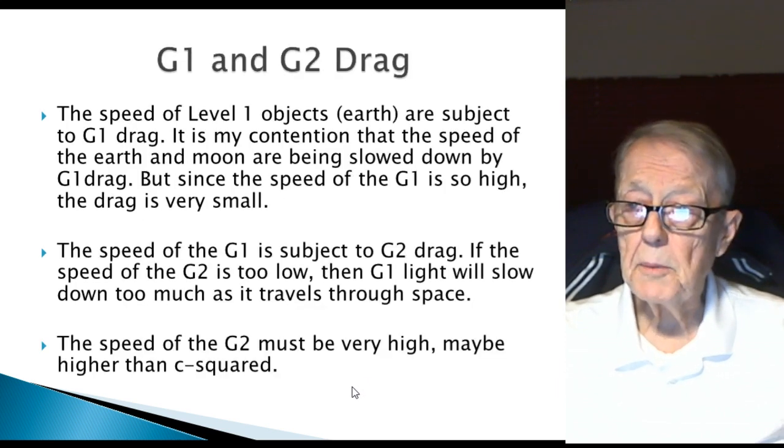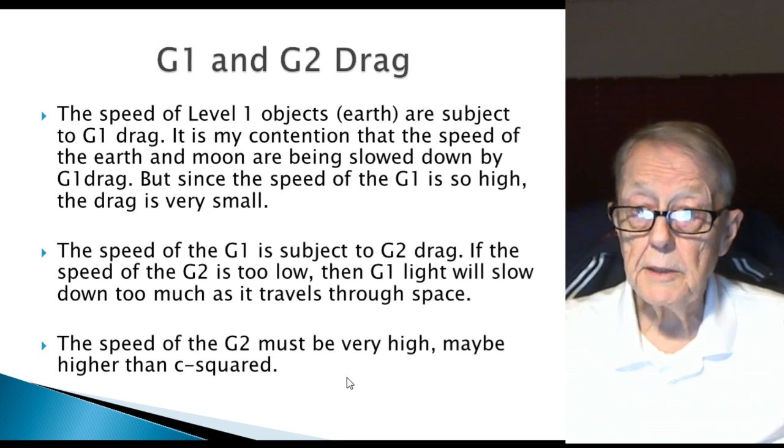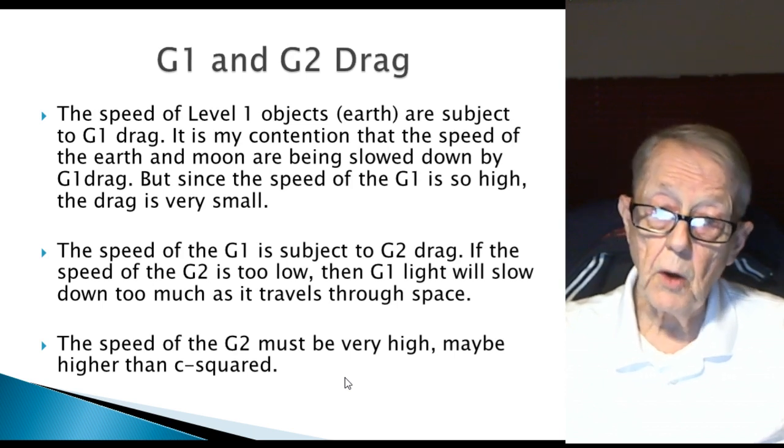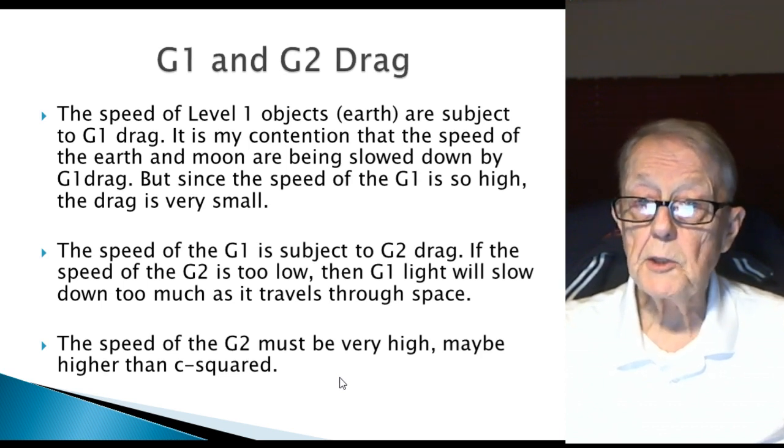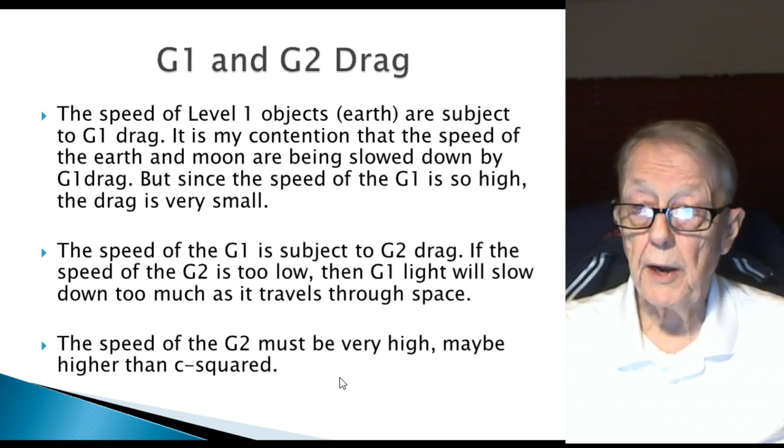Okay, the last thing I'm going to talk about in terms of speed is that level 1 objects are subject to G1 drag. As the Earth and the Moon go through the G1 particle field, which I talked about earlier, it is my contention that the speed of the Earth and Moon are being slowed down by G1 drag.